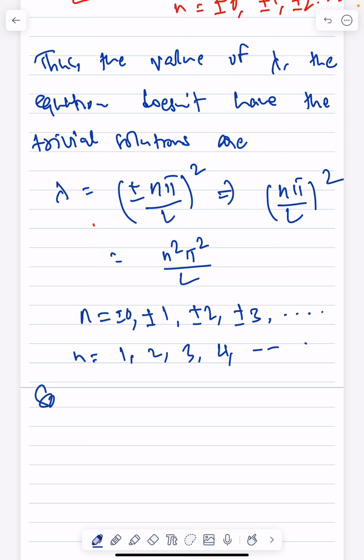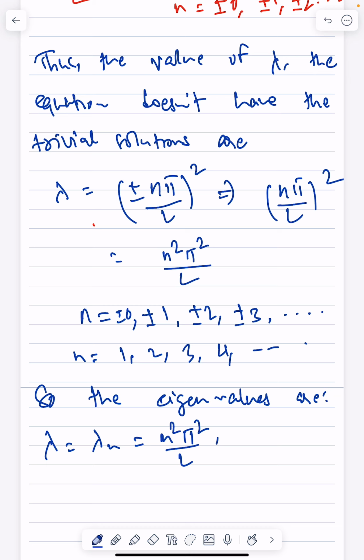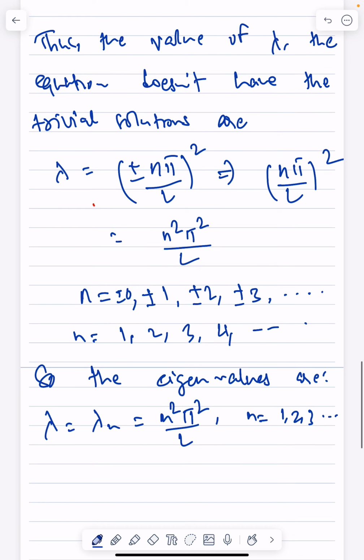So the eigenvalues are lambda equal to lambda n equal to n squared pi squared divided by L squared, where n is 1, 2, 3, and so on. Now what about the eigenfunctions?